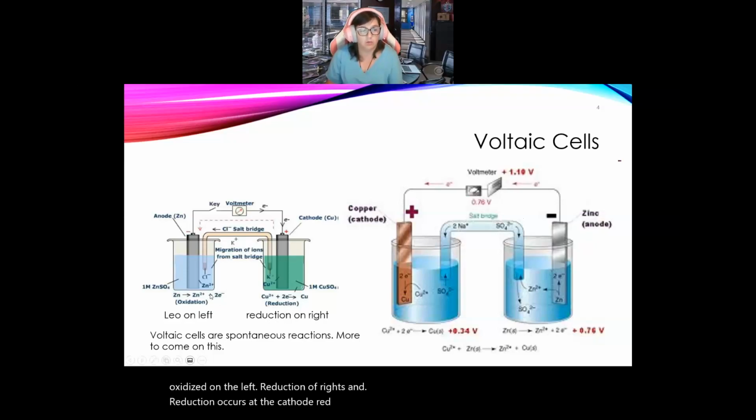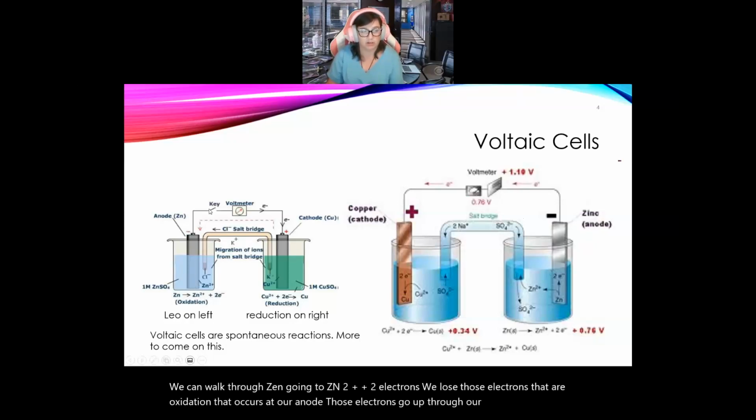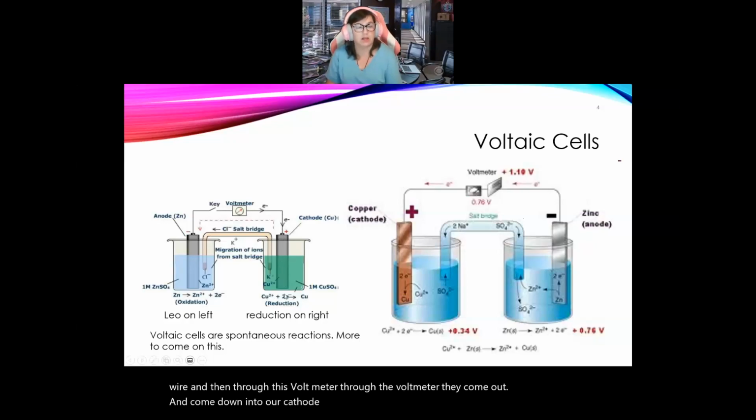So we can walk through Zn going to Zn2+ plus 2 electrons. We lose those electrons. That's our oxidation that occurs at our anode. Those electrons go up through our zinc solid into this wire and then through this voltmeter. Through the voltmeter, they come out and come down into our cathode, which is our Cu solid that's being formed.